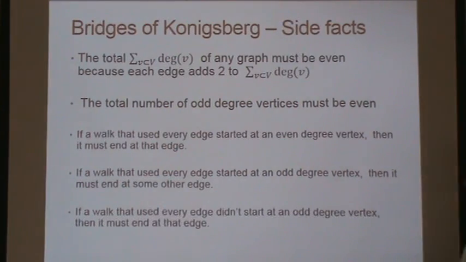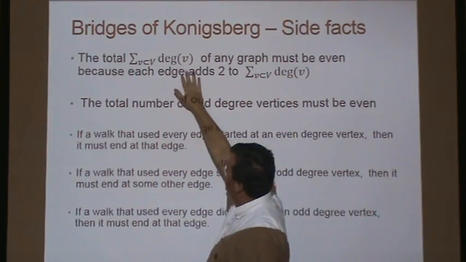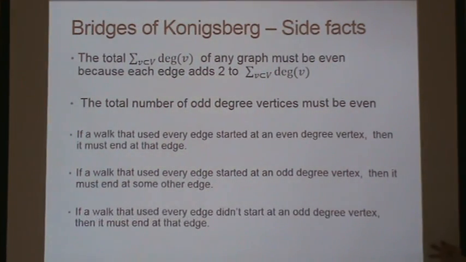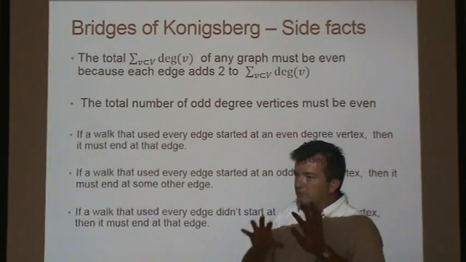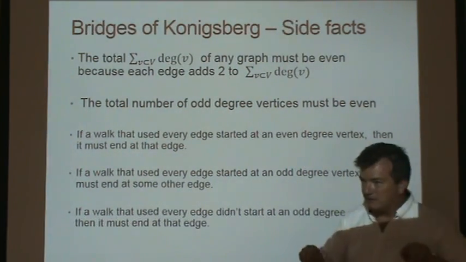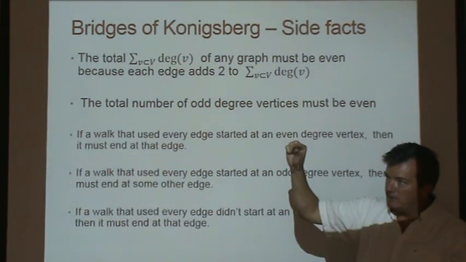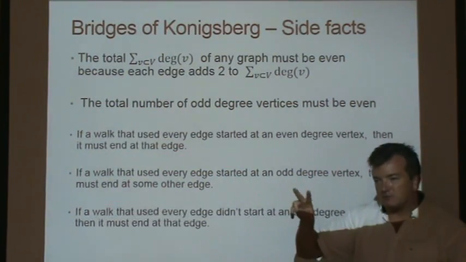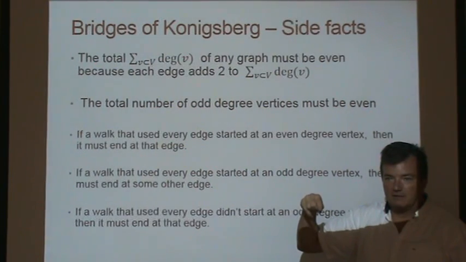So if we were to sum up the degree of every vertex of any graph, the total must be an even number, right? Because if a graph consists of a bunch of points, let's say you put a bunch of points down first and then you start adding all the edges. Every time you add an edge, two vertices go up by 1 in degree.